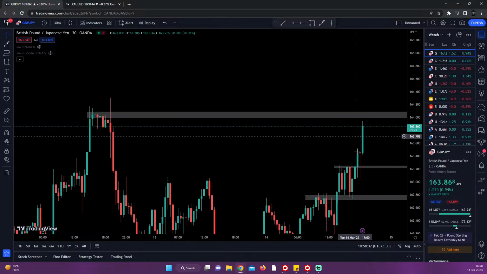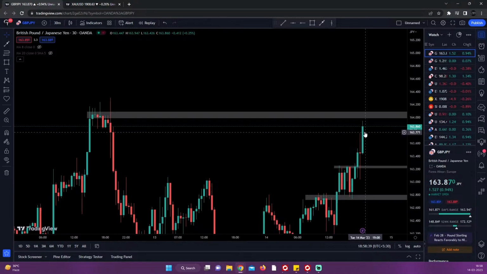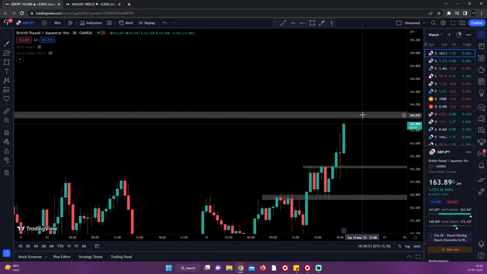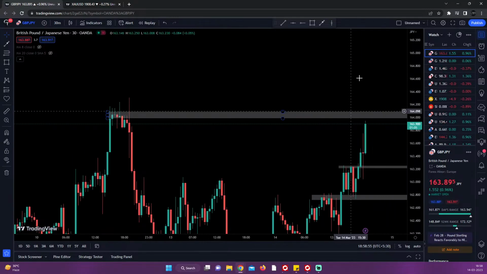So as we talked about GBP JPY, it's moving up and very, very soon it will be tapping in this area. I'm sure about that. So it will be tapping inside this area, and after that we will see whether it's gonna move up or down or make some sort of support or something else. We will see about that.